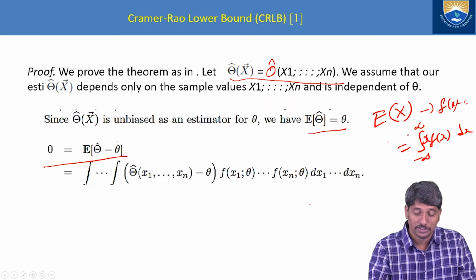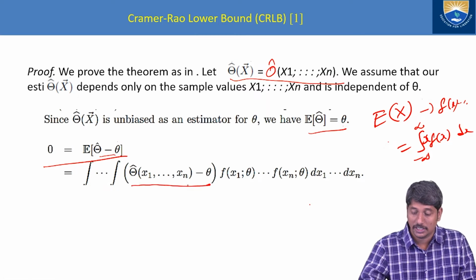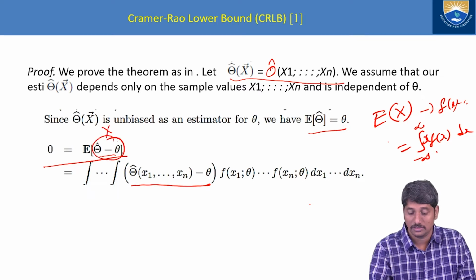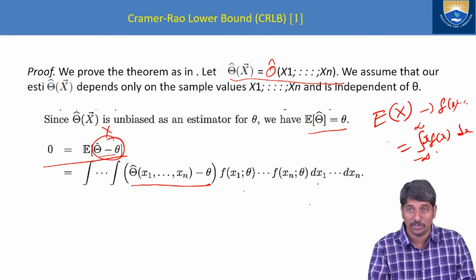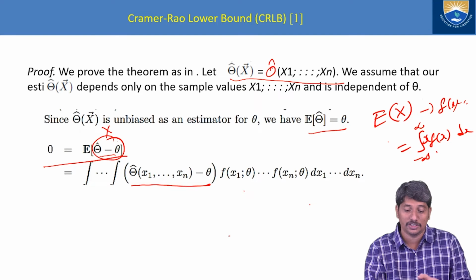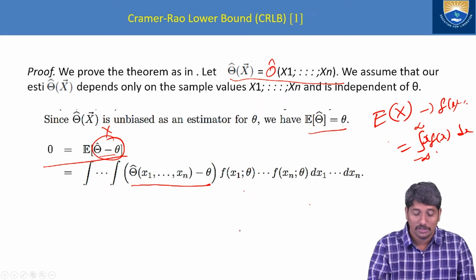Here the variable is phi cap minus theta, and the density function is nothing but the product of individual density functions, because they are all independent. Independent means the joint density function will be the product of marginal density functions.